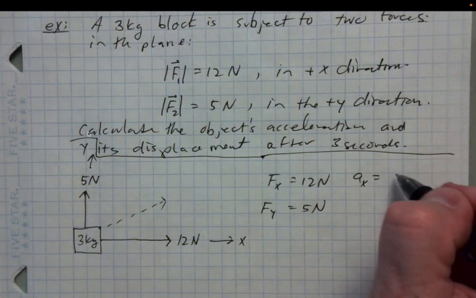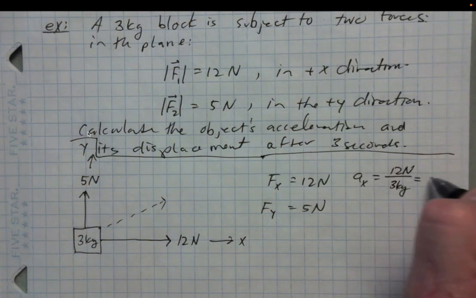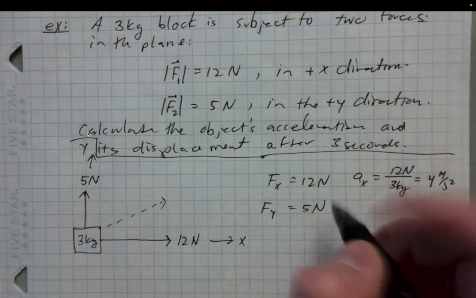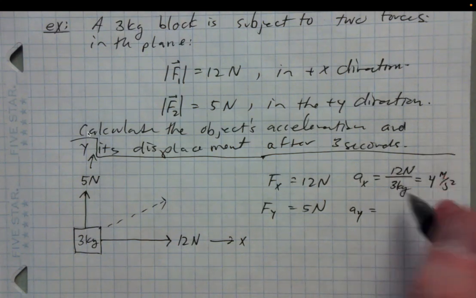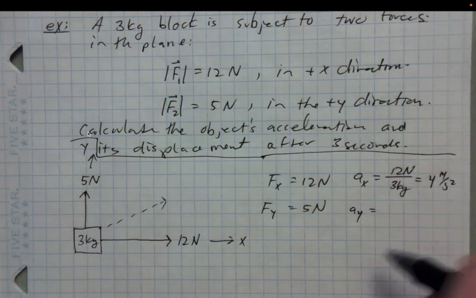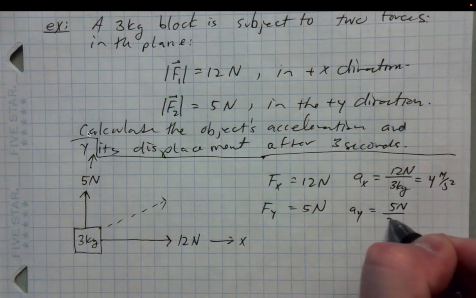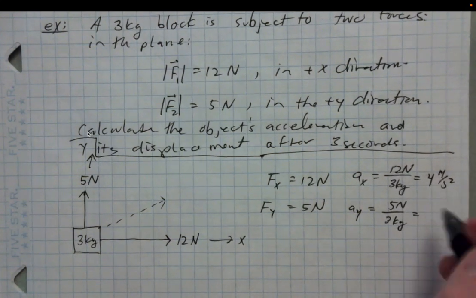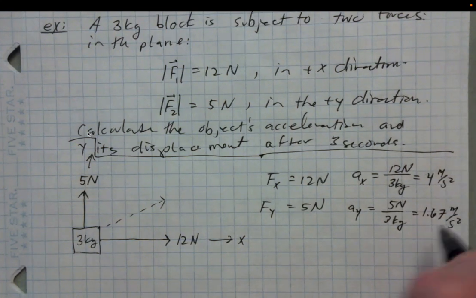And so it's going to be 12 newtons over 3 kilograms, which is 4 meters per second squared. And the y component of acceleration will be equal to the y component of the force divided by the mass. So it'll be 5 newtons over 3 kilograms. And so we get 1.67 meters per second squared.